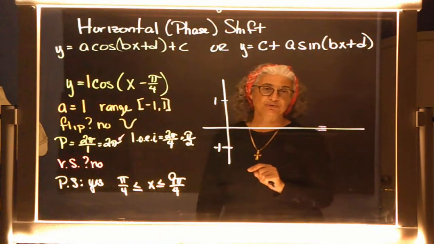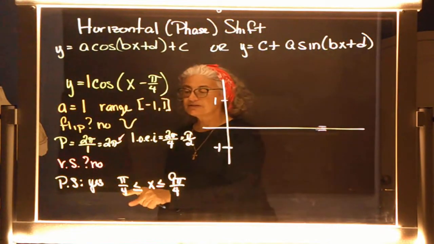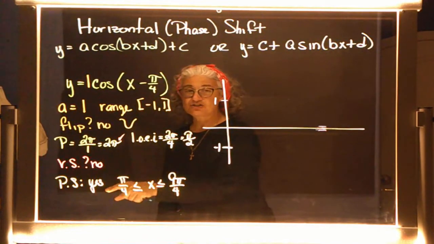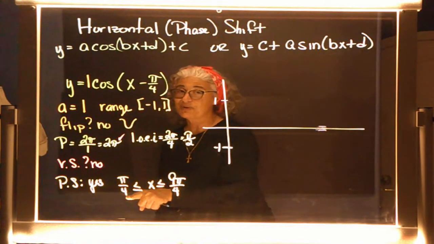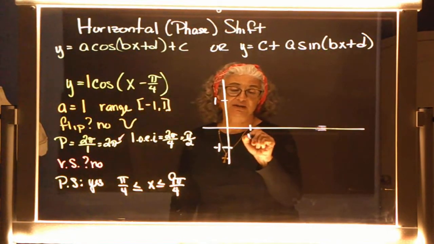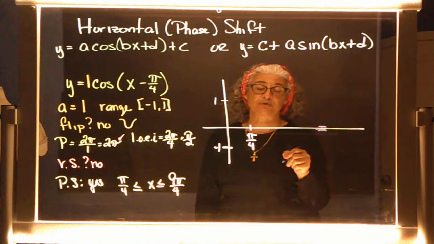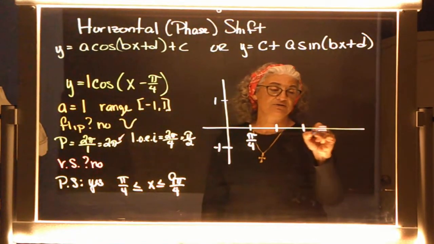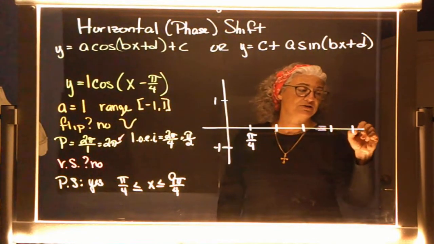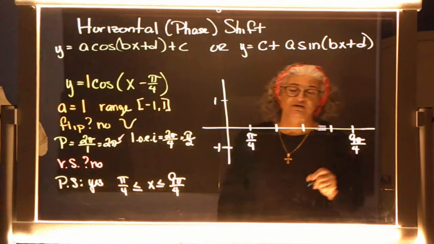Pi over 2 is the length of each interval. And according to the phase shift, because there's no vertical shift, I'm actually starting at pi over 4. So here is my first angle measurement that I need to start with, pi over 4. And I'm still going to have 4 intervals. So there's 1, 2, 3, 4 intervals. And this one should end at 9 pi over 4. Are you with me?